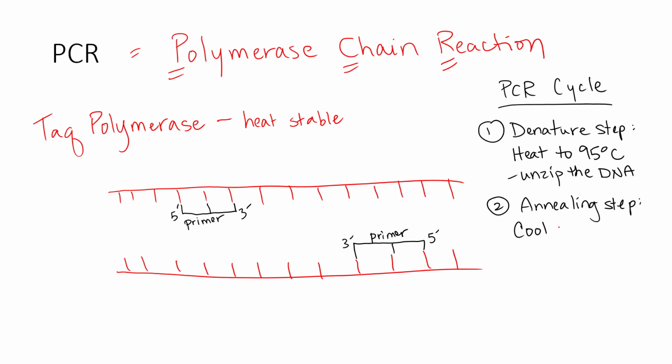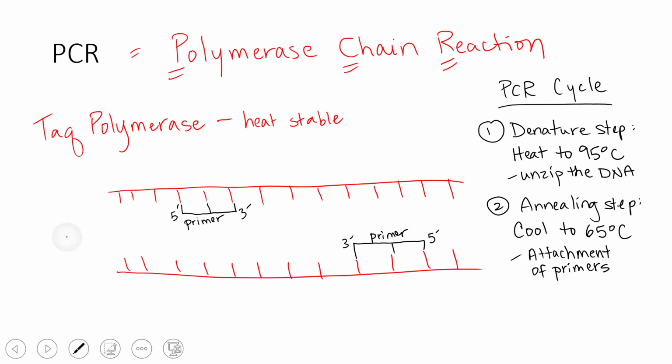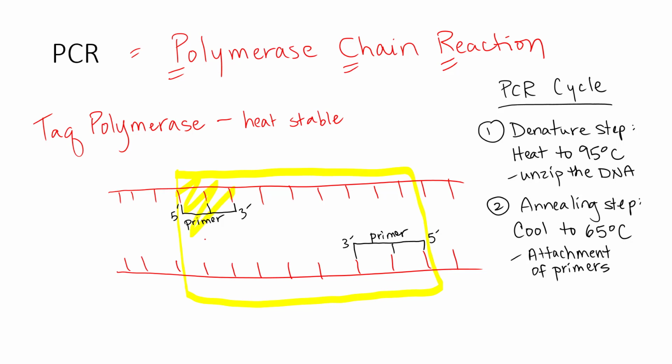So we cool to usually around 65 degrees Celsius, and this allows for attachment of primers to the target sequence. The primers are very specific to that particular sequence. Okay, so you have your target gene. In this case, our target gene would be in this region. This would be our target gene that we're going to try to amplify through this process.